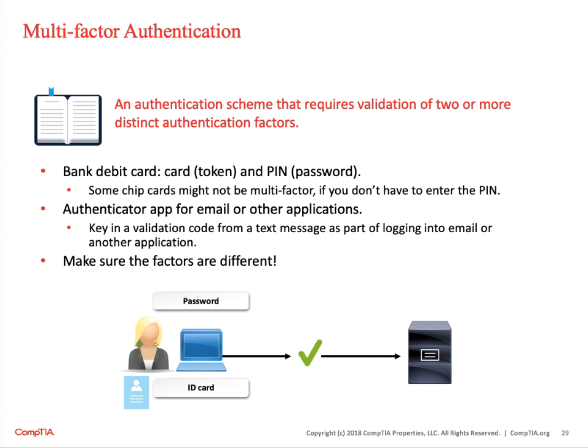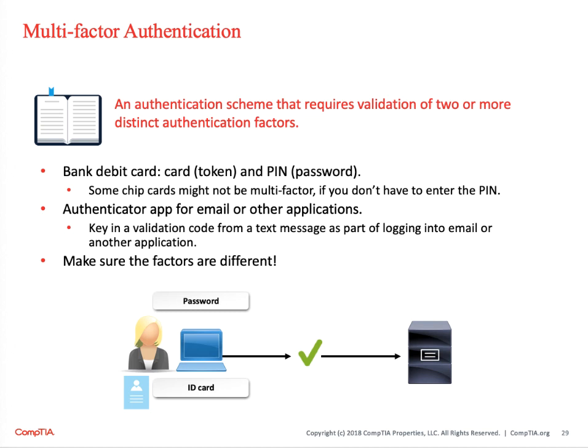That is not multi-factor authentication. That is two-factor authentication. And so for multi-factor, you're going to have to use different types, such as a token and a password, or a geolocation and a biometric, right? It has to be two different kinds of things. It can't be a retinal scan plus a fingerprint. That is not multi-factor. That is two-factor.